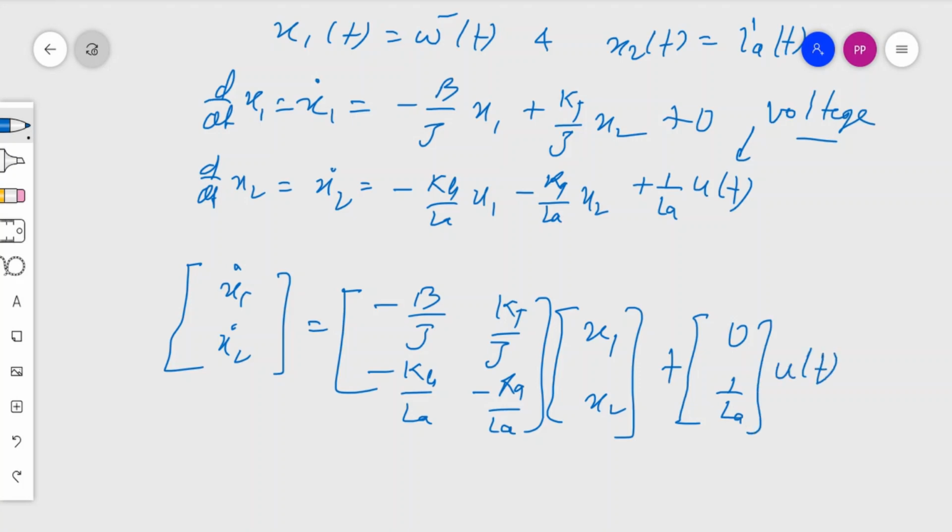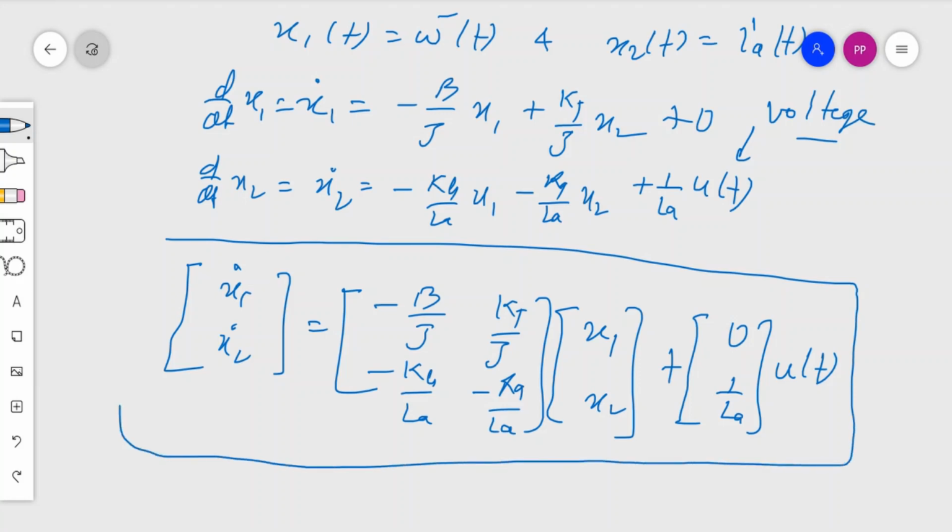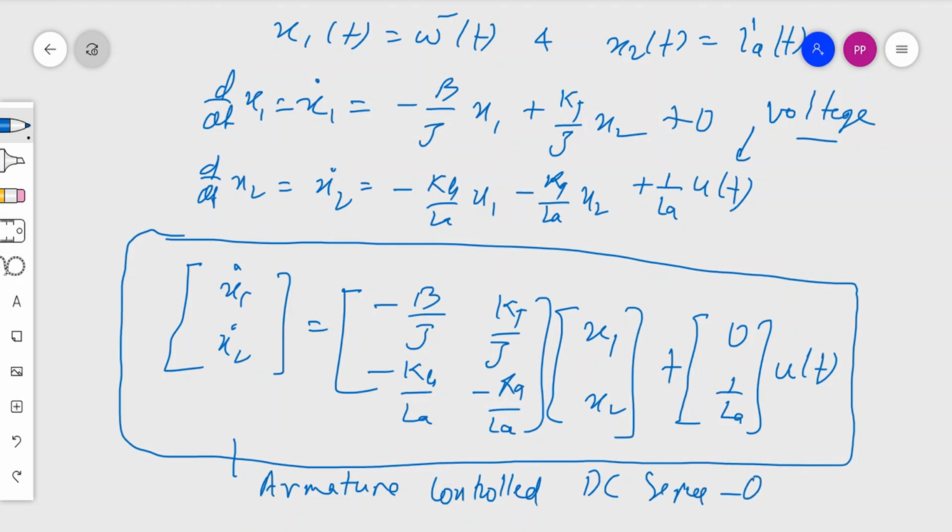This is the situation where I am just designing an open loop plant. This is just the design of an armature controlled DC servo, open loop.